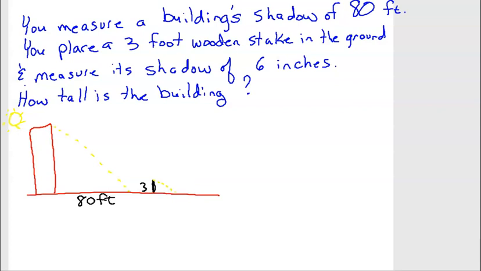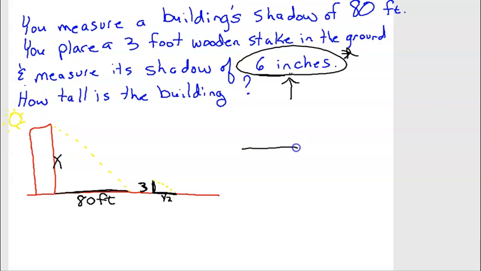And so the shadow here is, and we got to be careful about this, this is very important. Notice everything is in feet, feet, feet, feet. And then so even though I gave this to you in 6 inches, we're going to say the shadow is 1/2 of a foot. So this, the shadow that it's saying is 1/2 a foot. This is 80 foot. This is 3 foot. Everything's in a measurement. And then it wants to know how tall the building is.